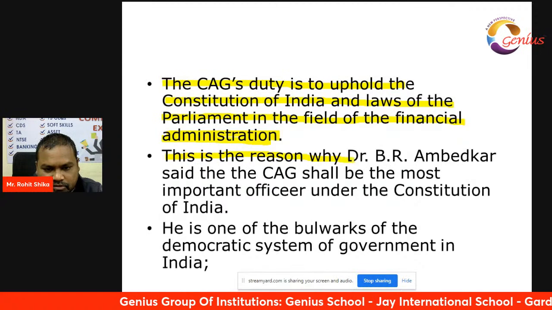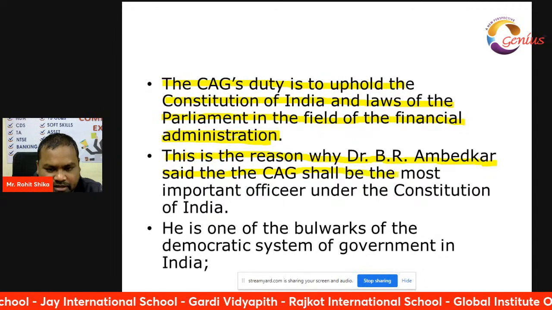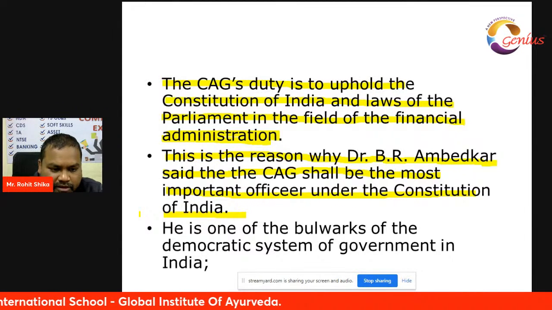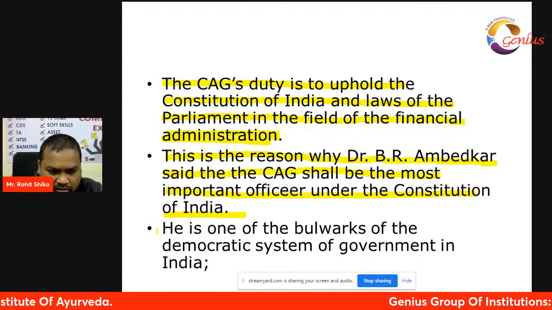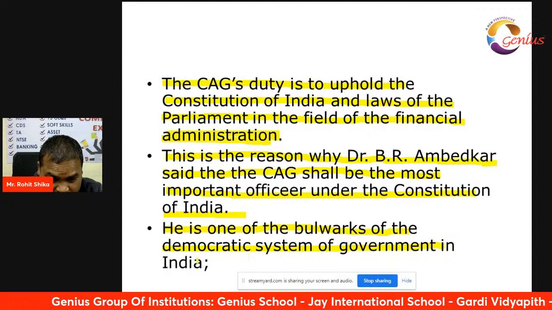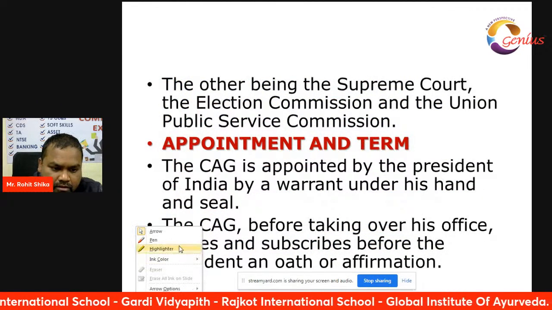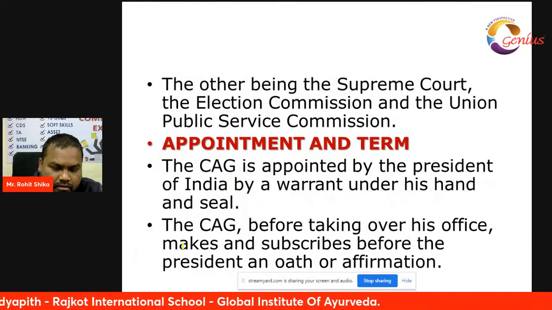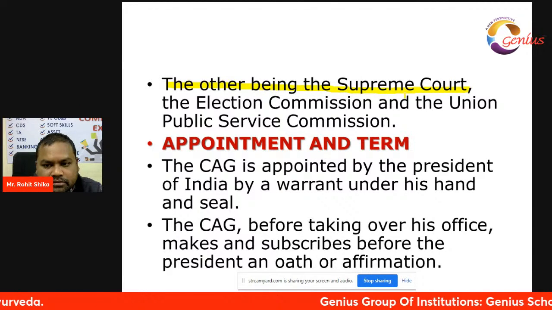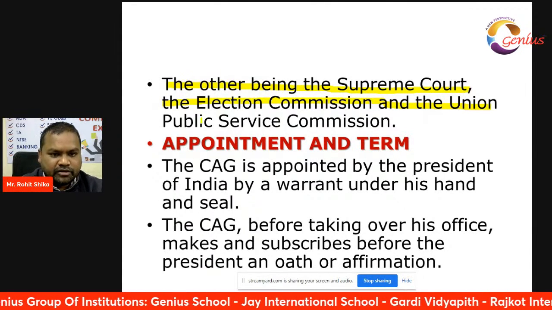This is the reason why Dr. B.R. Ambedkar said that the Comptroller and Auditor General shall be the most important officer under the Constitution of India, and the Comptroller and Auditor General is one of the bulwarks of the democratic system of government in India. The others being the Supreme Court, the Election Commission of India, and the Union Public Service Commission.